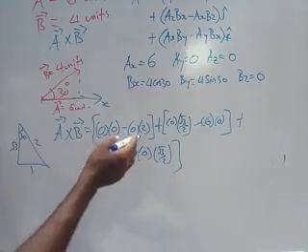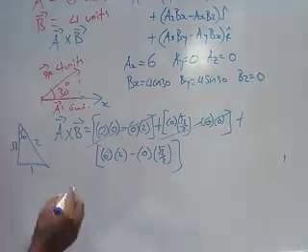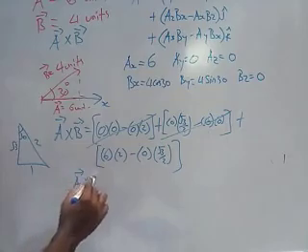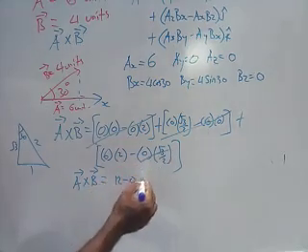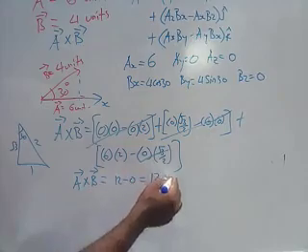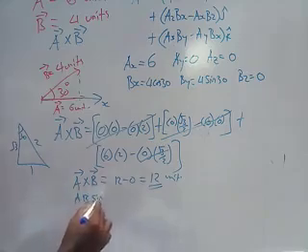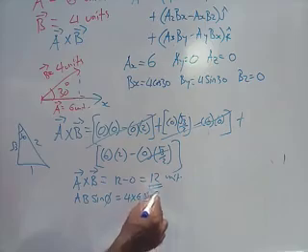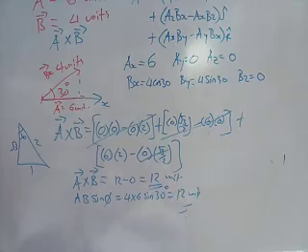No, this will give us 0. Everything here is 0. So A cross B is 12 minus 0, which gives us 12 units. Same as when we did AB sine theta: 4 times 6 sine 30, which also gives 12, proving that the two formulas agree perfectly.